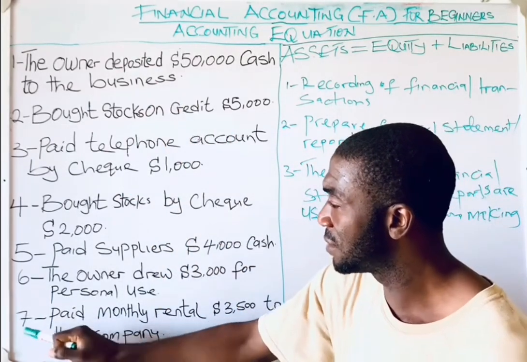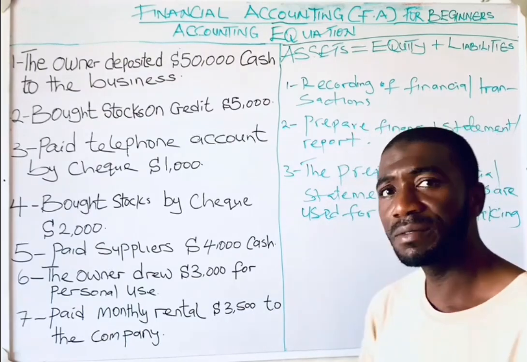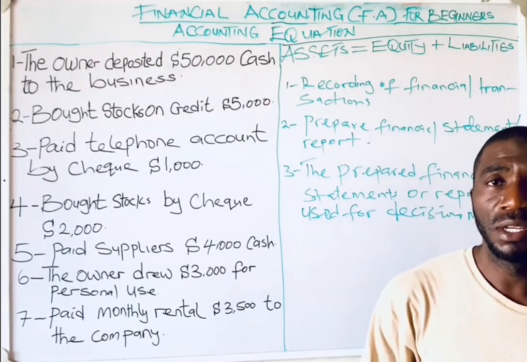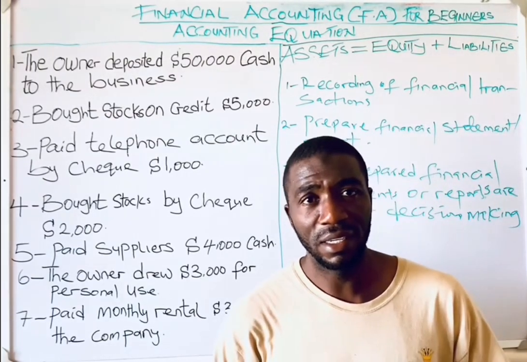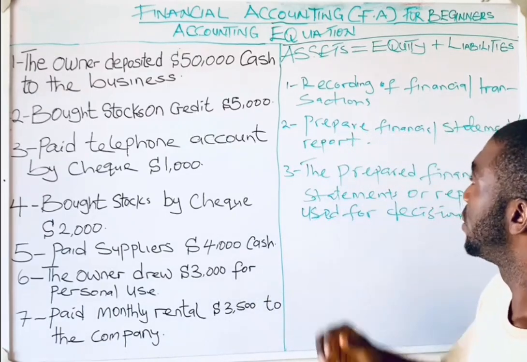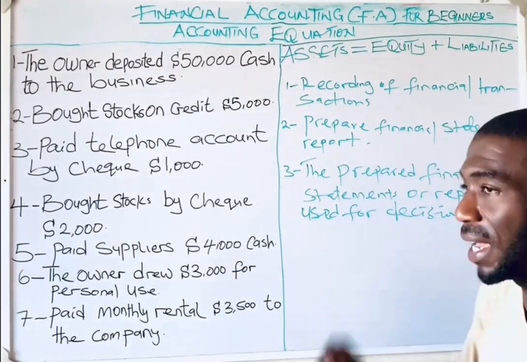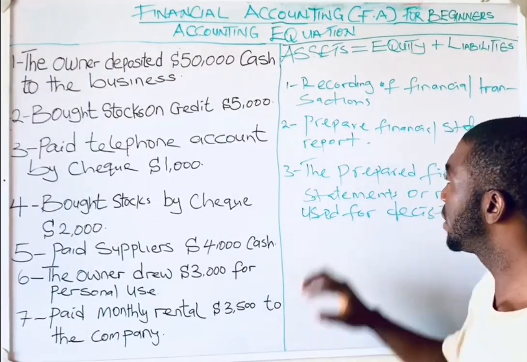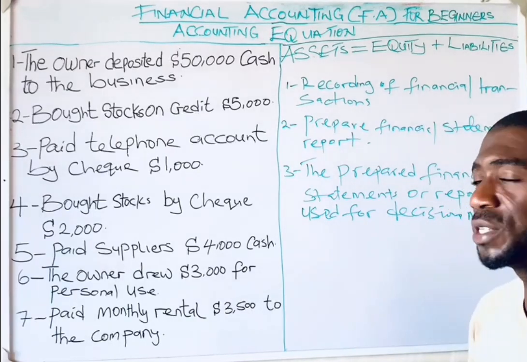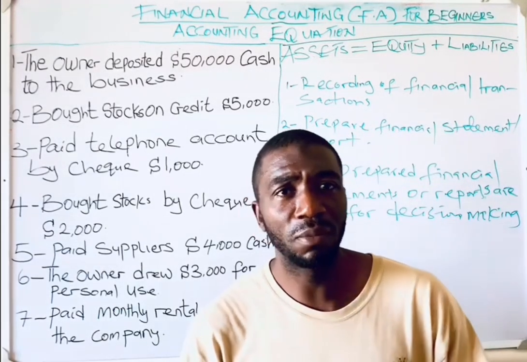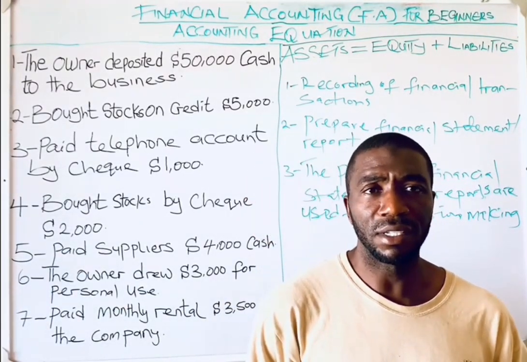So that is a financial transaction. You record it systematically, and after recording it, you prepare a financial statement and financial report. Then this report is used for decision making. That is all about financial statements.